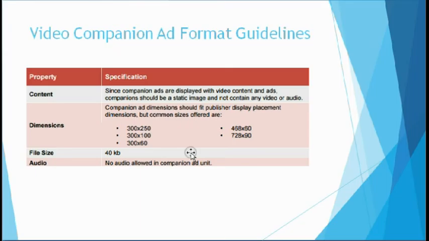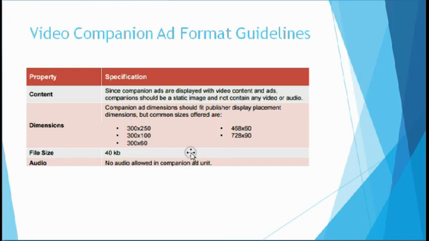This is a very important point, that we shouldn't show any video ad if we are using it as a companion ad. So in case we already have a video master ad running, along with that the companion ad should be a static image only.